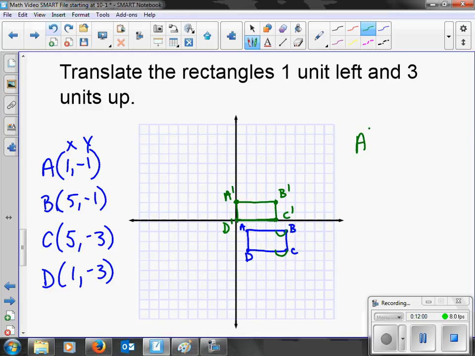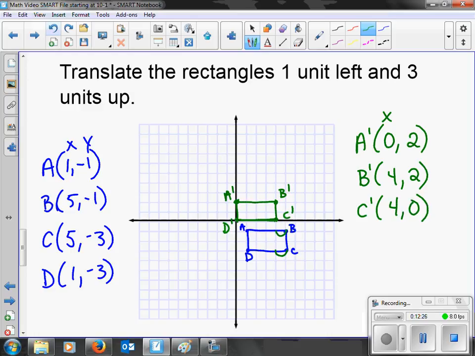So A prime, the X coordinate is 0 because it's on that axis, and then it goes up 2, so it's positive 2. B prime is 1, 2, 3, 4 spaces on the X, and then up 2 on the Y. C prime is 4 spaces on the X, but then it's 0 because it's right on this X-axis, so in the Y direction it's 0.